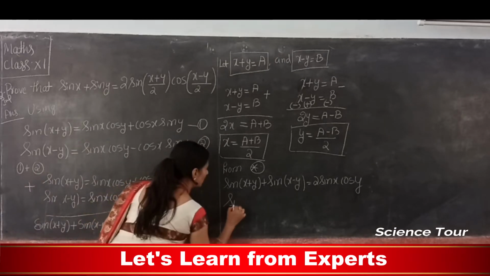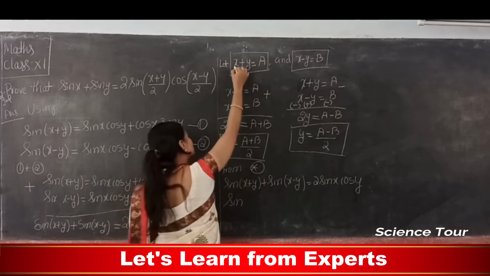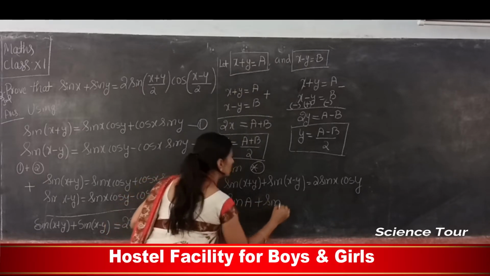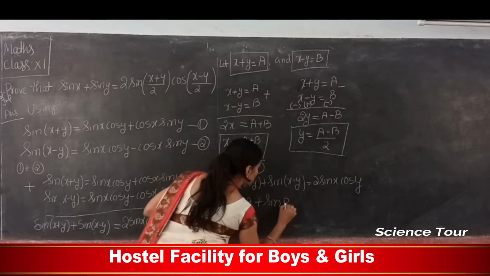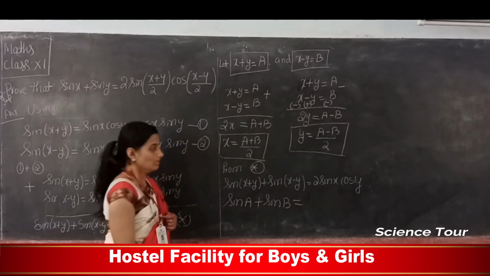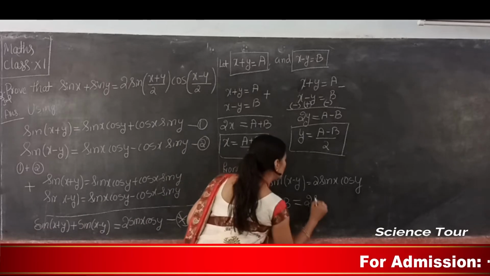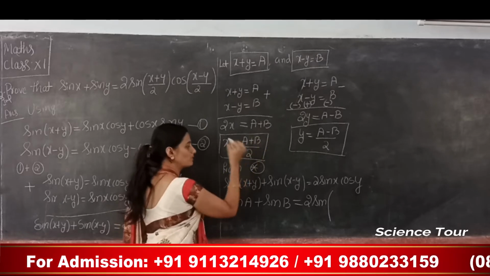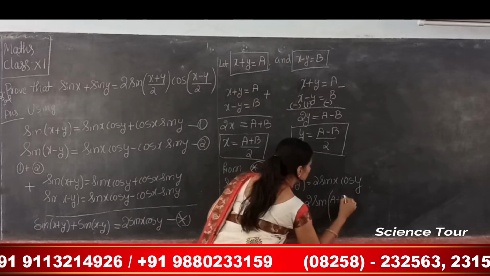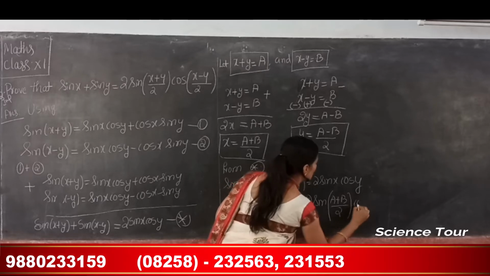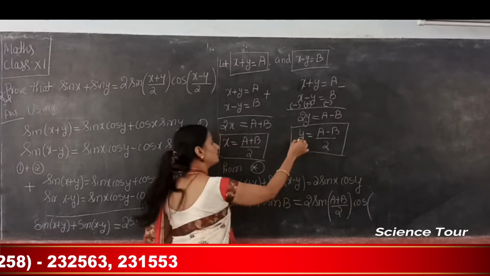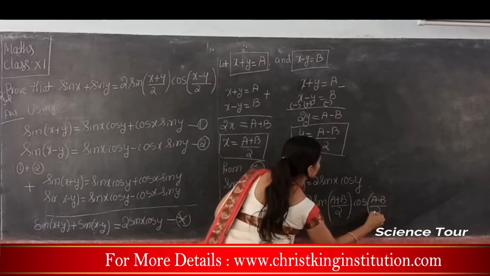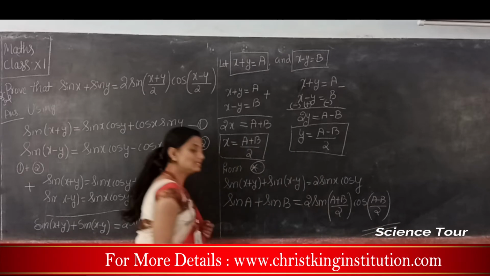So sin(x plus y), x plus y is replaced as a, plus sin(x minus y) is replaced as b, that is equal to 2 sin of x, replaced as (a plus b) divided by 2, cos of y replaced as (a minus b) divided by 2, and hence it is proved.